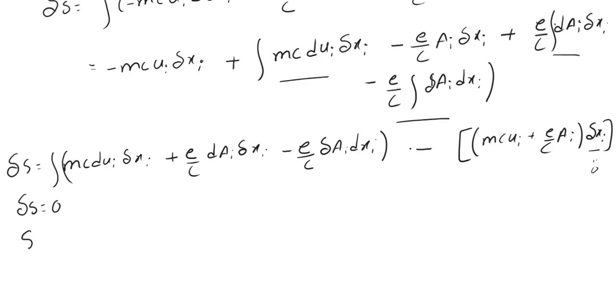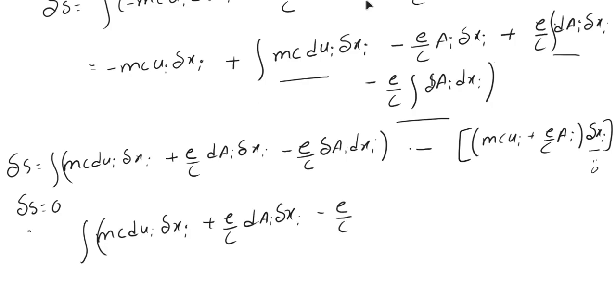So what we get is the integral of mc dui by variation of xi dxi plus e by c dAi plus e by c del Ai dxi, and this is equal to zero.